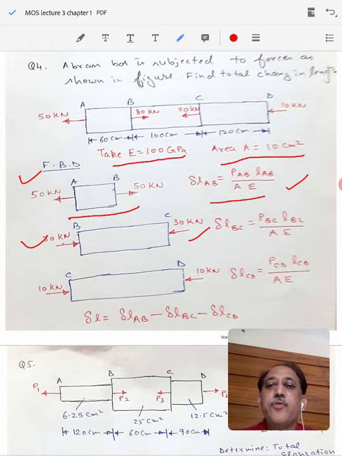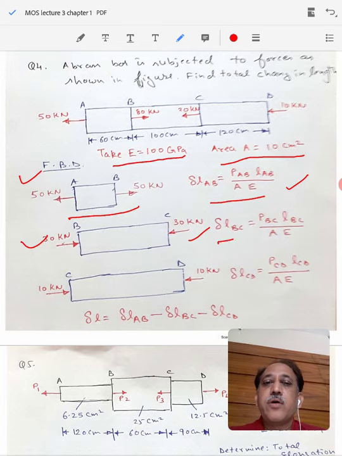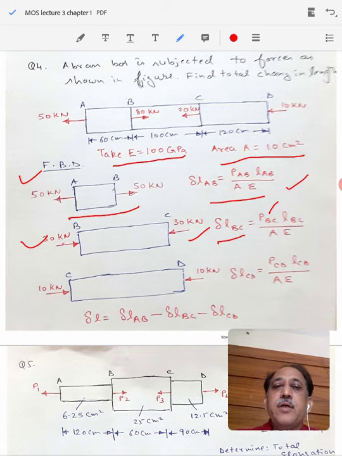We know that compressive forces will tend to shorten the length of the bar. So we can calculate this decrease in the length of the section BC by substituting the load PBC as 30 into 10 to the power 3 and the corresponding values of length, area, and the material value E. So this will provide us the shortening of the section BC.